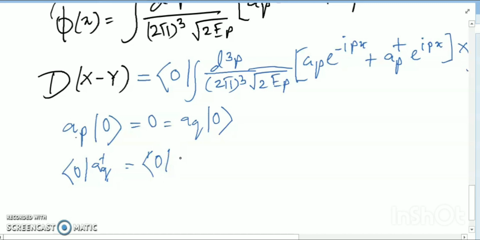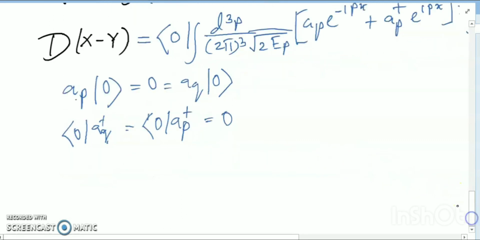So they are annihilator operators. Now I just take a look at terms with a_p, a_q, a_p dagger and a_q dagger, and just multiply them.